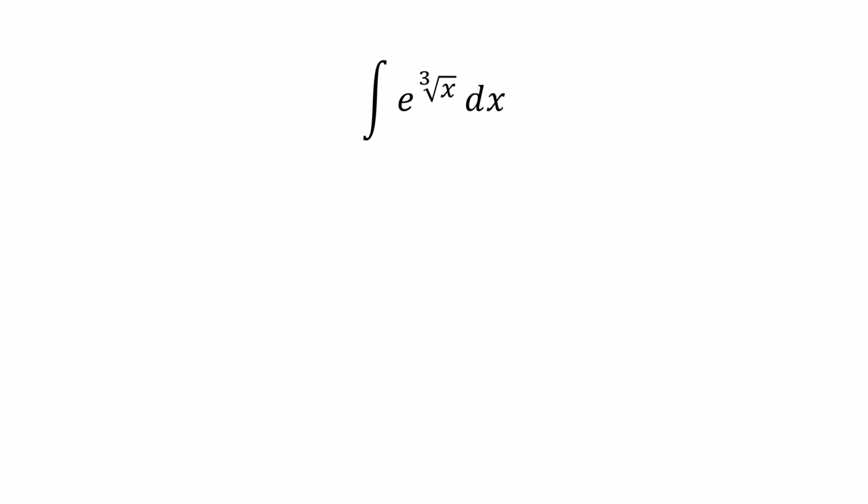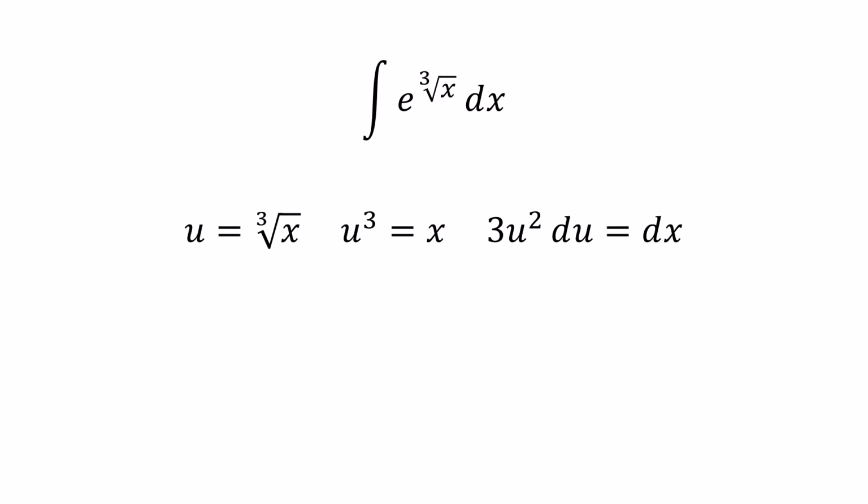We begin by evaluating the integral of e to the cube root of x dx. To begin, we let u equals the cube root of x. Cubing both sides gives u cubed equals x.